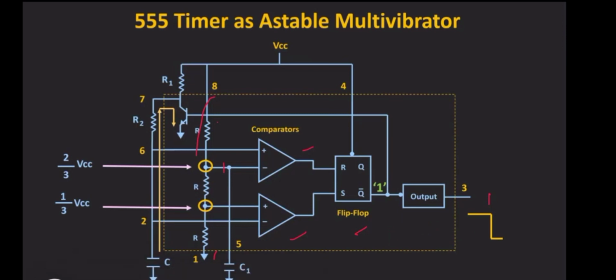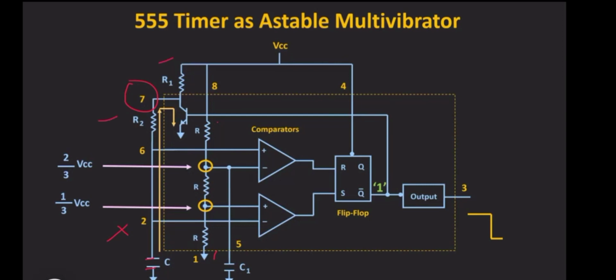And it also has one transistor, known as the discharge transistor, which is connected to the discharge point of the 555 timer, known as pin number 7. You can see here an input is not given, so pin number 2 is directly connected to the external capacitor.